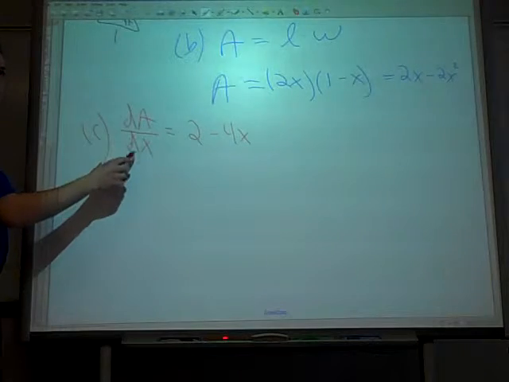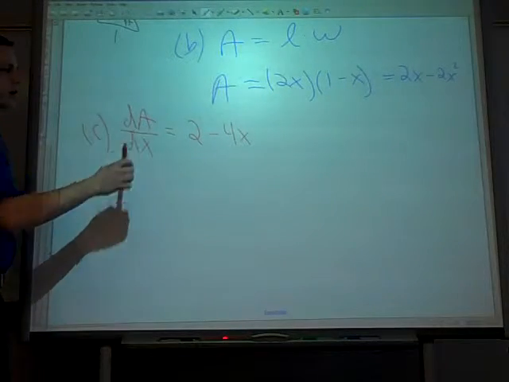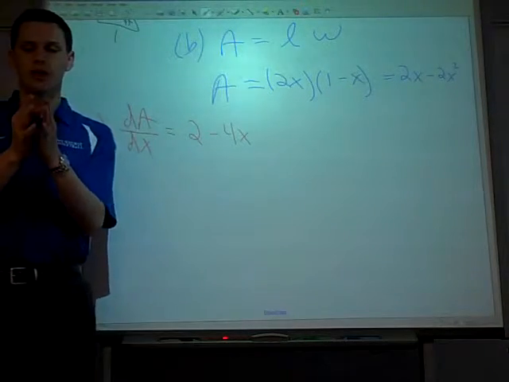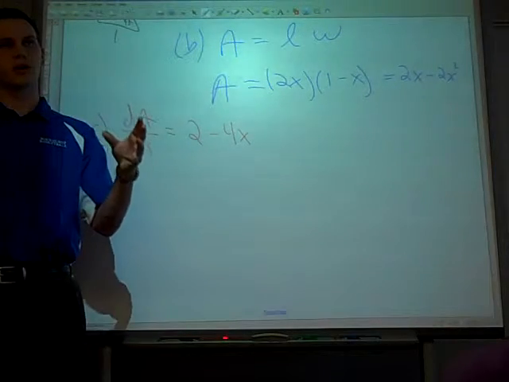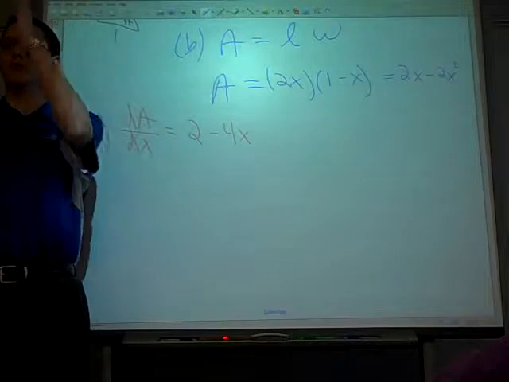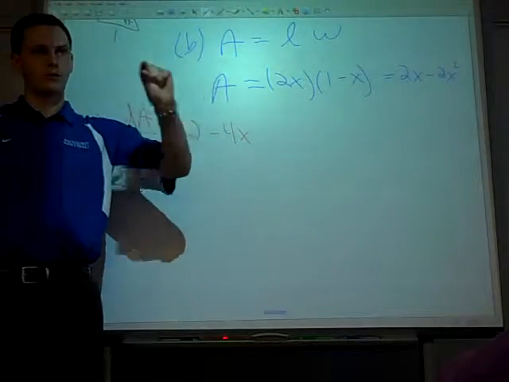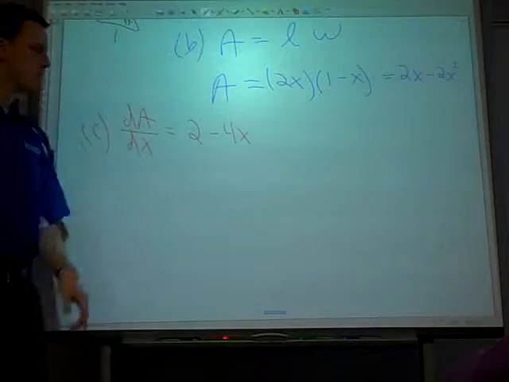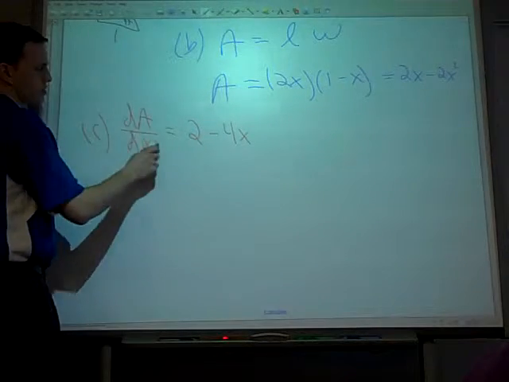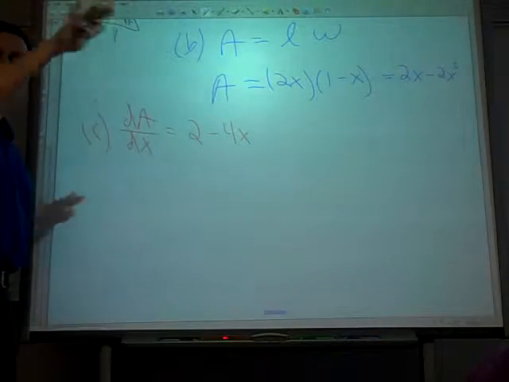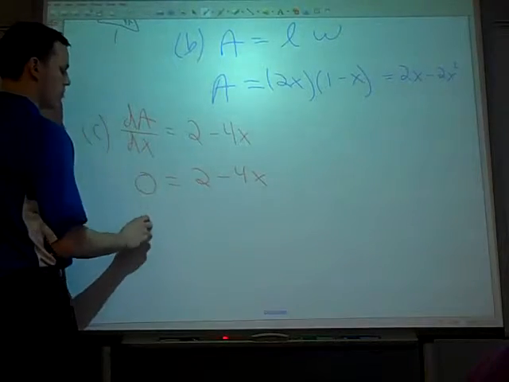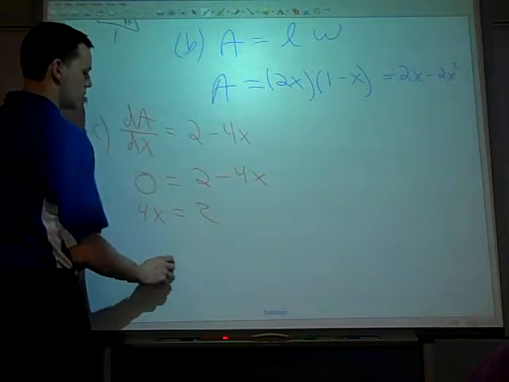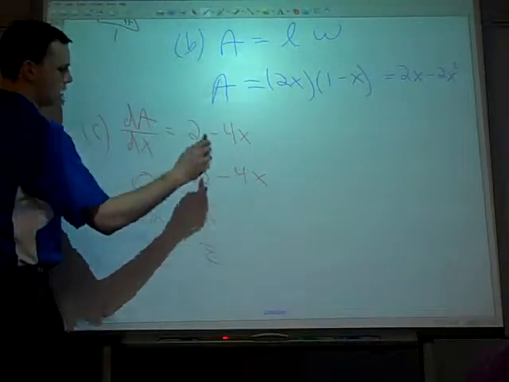To optimize it: as x gets small, the area decreases, then it hits the maximum, and then it starts getting smaller again because the rectangle is really thin this way, or really thin this way. So we set the derivative equal to 0. That will give us our maximum point. 4x equals 2, x equals 1/2.